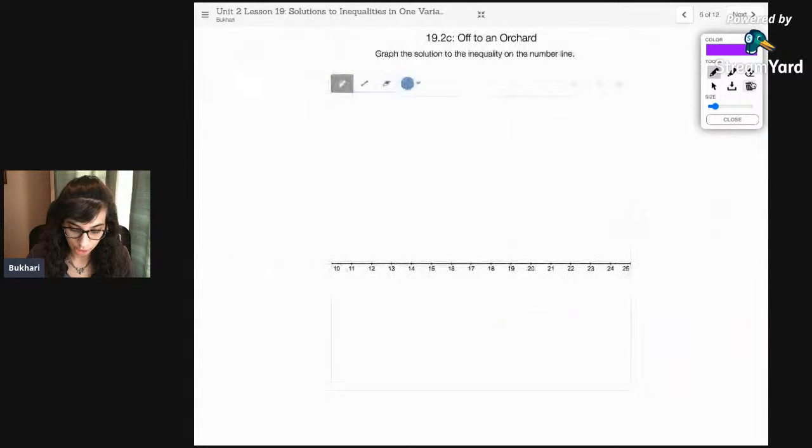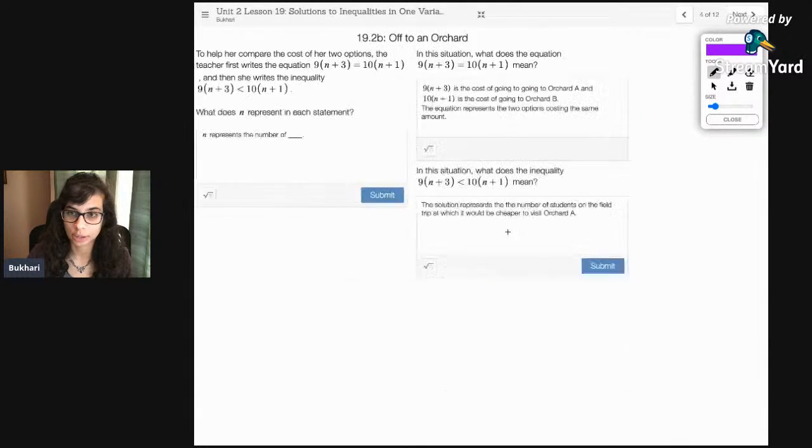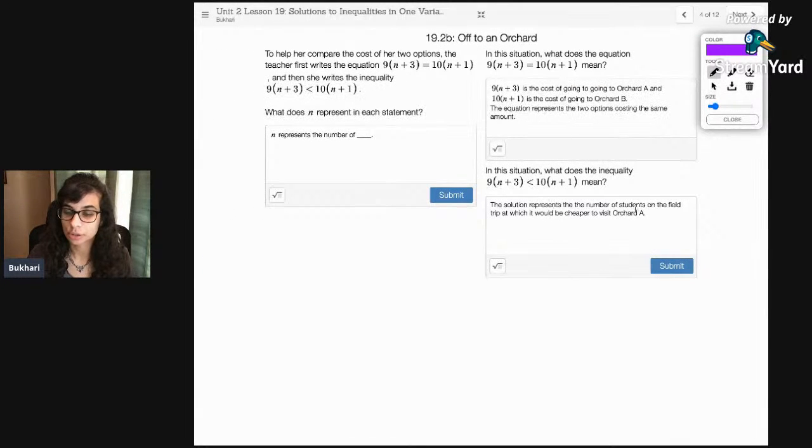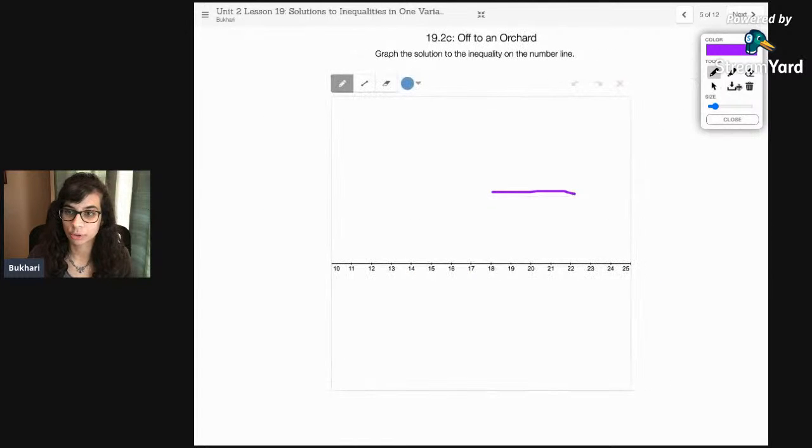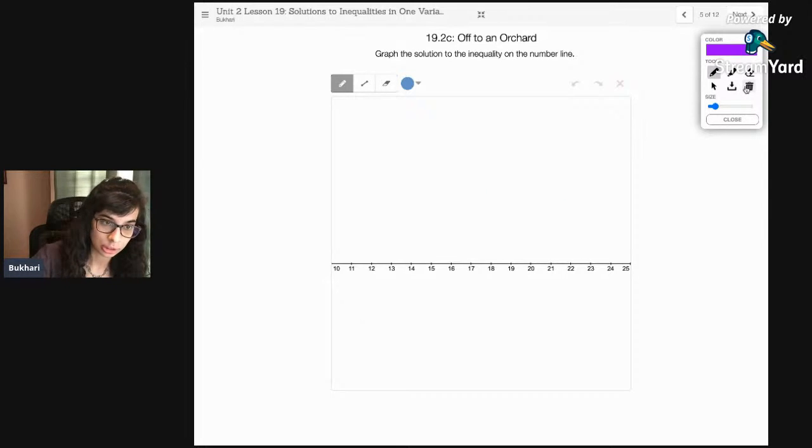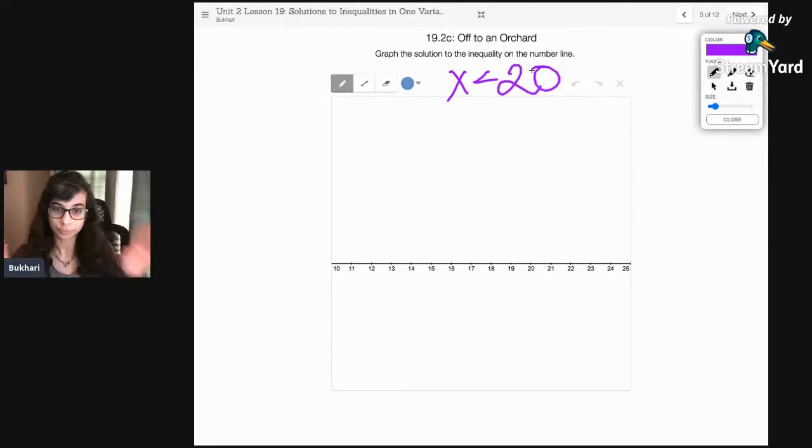9.3 A and B. But remember, when we want to graph our solution, go back to your previous slide, find the solution to this inequality, and figure out how we want to graph it. And just as a review of graphing inequalities, let's say our solution is x is less than 20. This is not the correct solution, I'm just giving you an example.